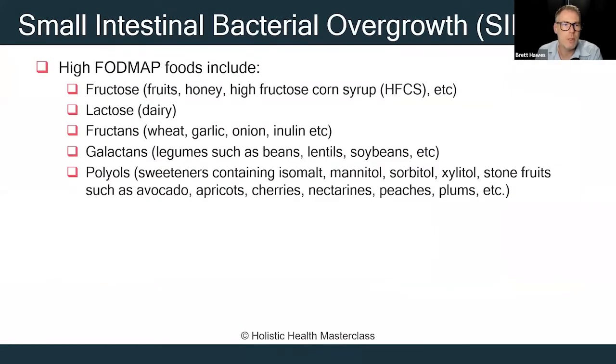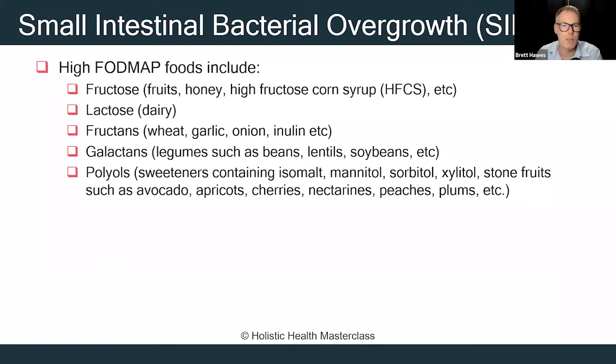But some of the things to be aware of here, obviously, most people with SIBO are going to react to high FODMAP foods. That would include your fructose, your lactose, your fructans, galactans, and of course, polyols. People usually have identified this, but I still see people eating healthy diets, right? There's a lot of healthy food on there. Okay, for sure. Avocados, what do we got?